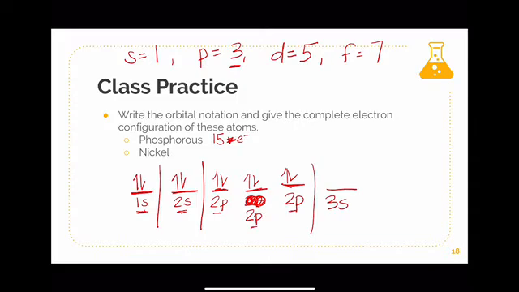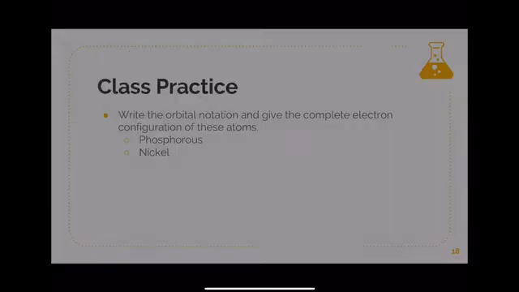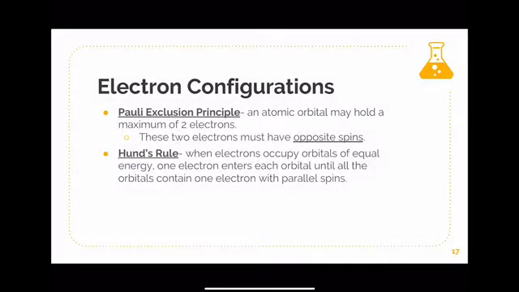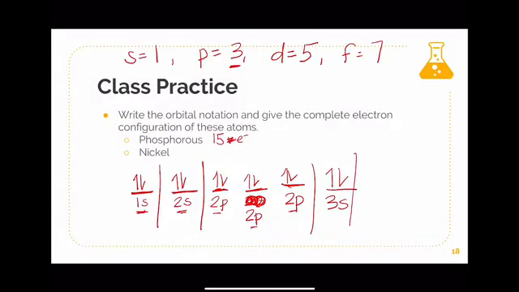Okay, so now we have 2, 4, 6, 8, 10 done there. So now we've got 3s, so we'll fill it. So that's 12. And then after 3s, we go to 3p. Okay? So we'll write a little line there just to keep us straight. 3p. And so that's our 3p. Now, we've got 2, 4, 6, 8, 10, 12. We need 3 more.